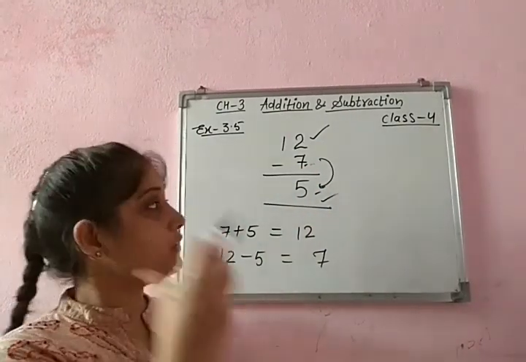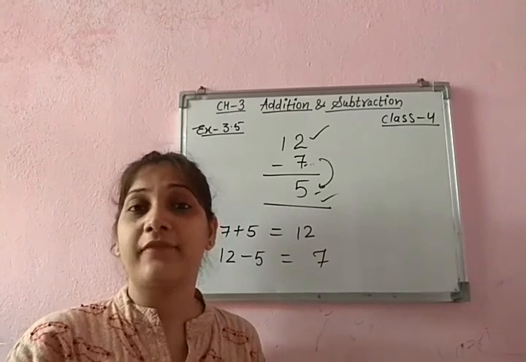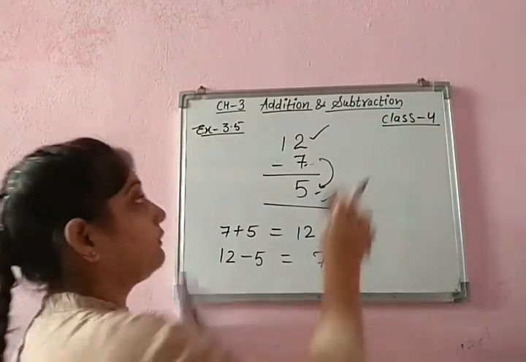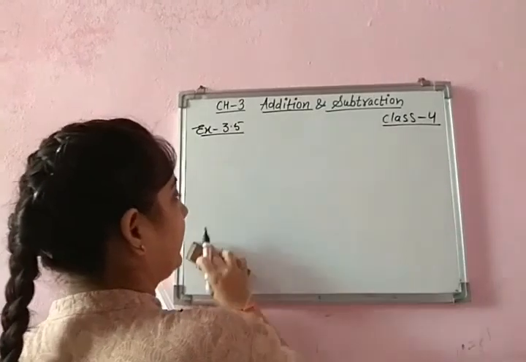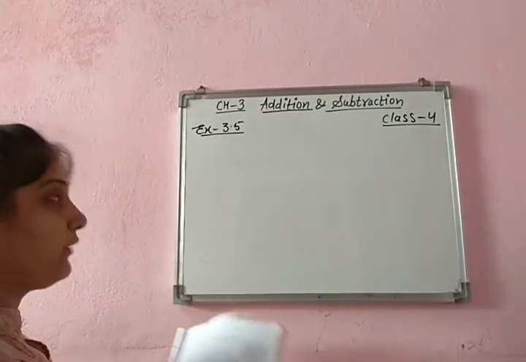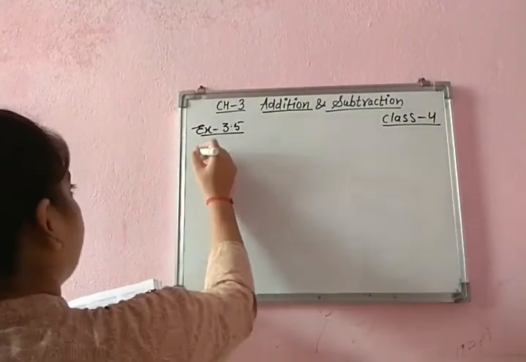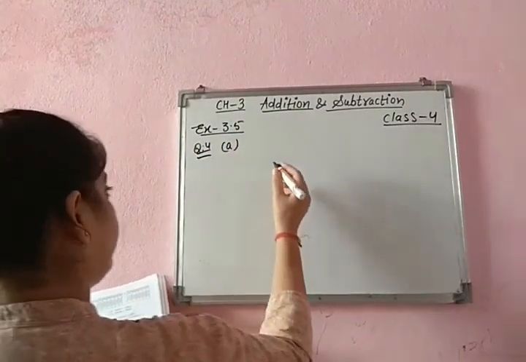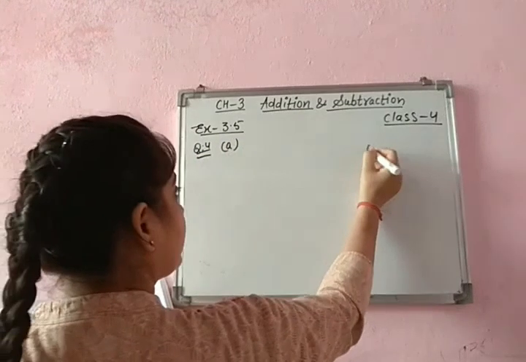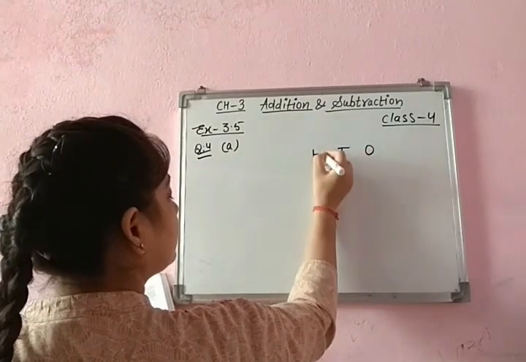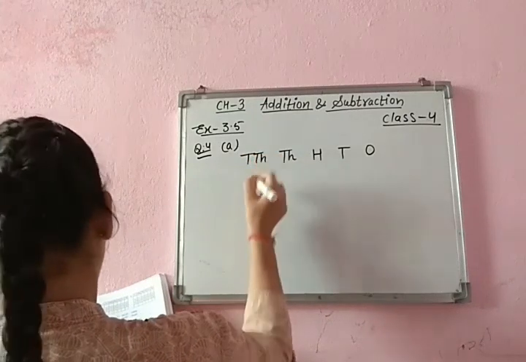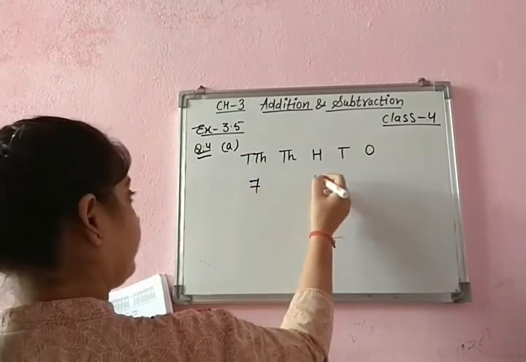Now, using these clues, we have to find the missing boxes. So I am taking question number 4, first part of exercise 3.5. Children, be very careful when you are doing the question. First I am writing the places: 1000, 10,000. So it is 7.